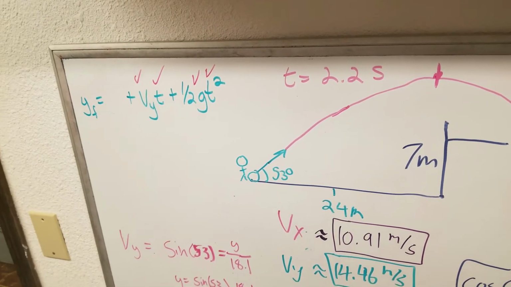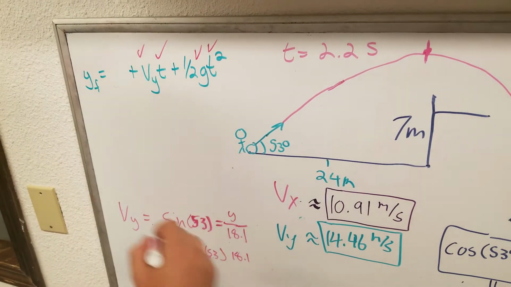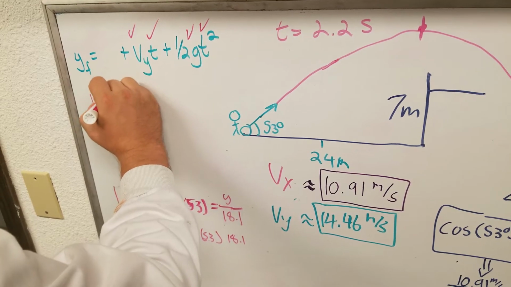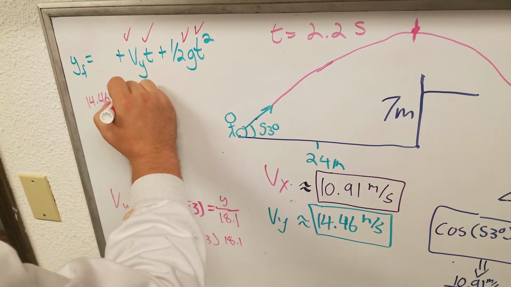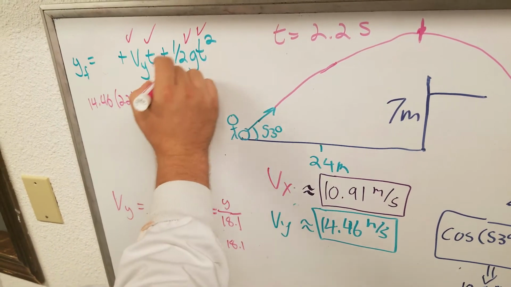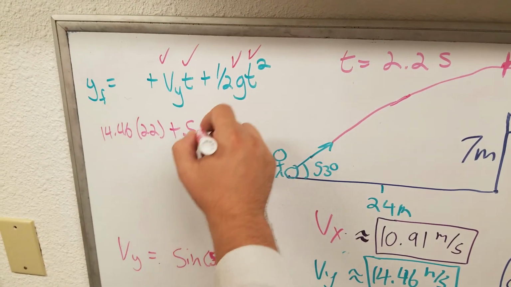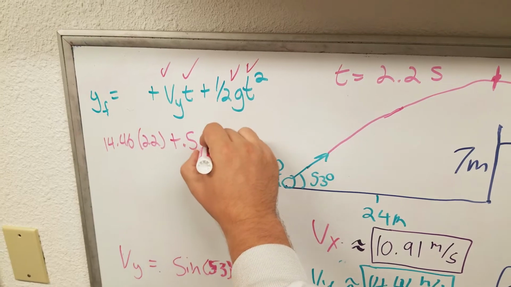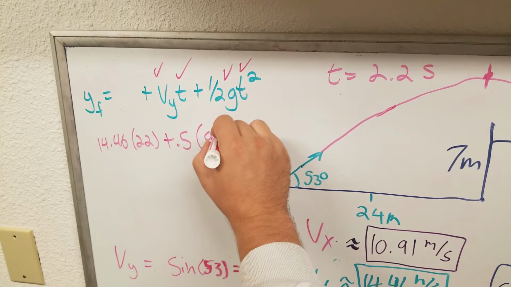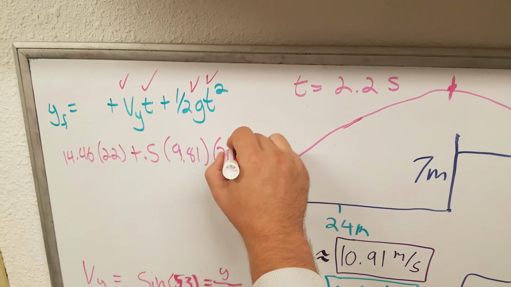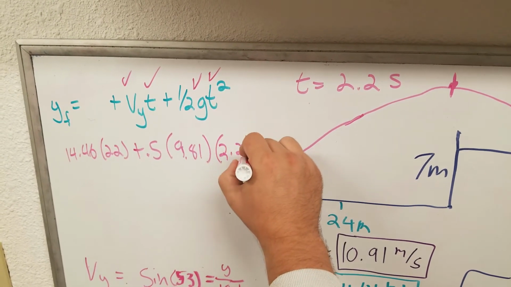So let's just plug in some numbers here. Simplified, v of y, 14.46, times t, which is 2.2, plus 1/2. Let's just say 0.5. It's the same thing as 1/2, but easier on the calculator. 0.5 times 9.81 times, same thing, that 2.2, but this time we're squaring it because this is our acceleration squared.